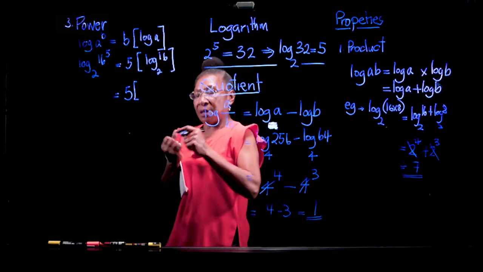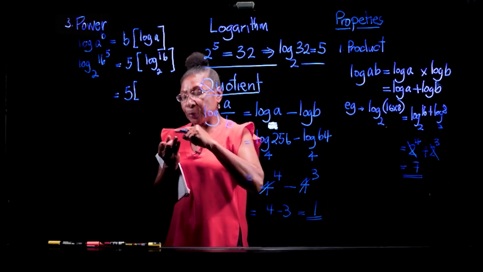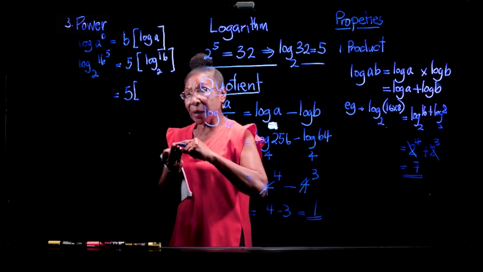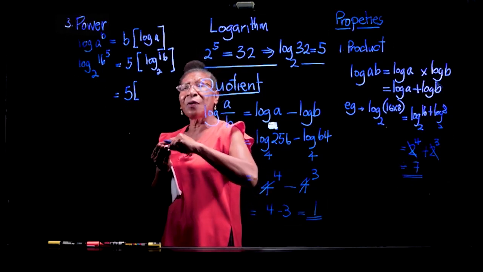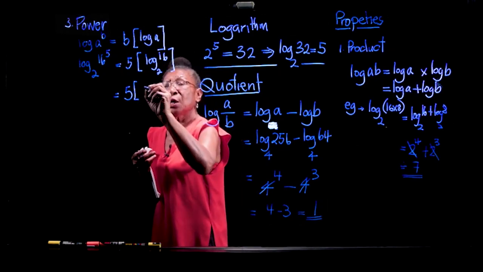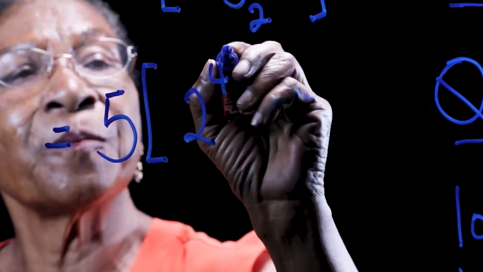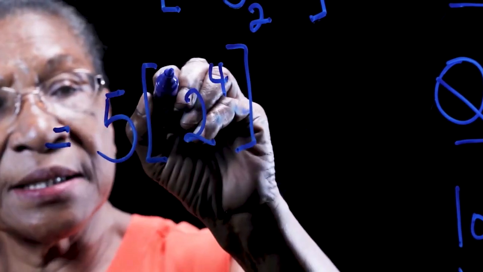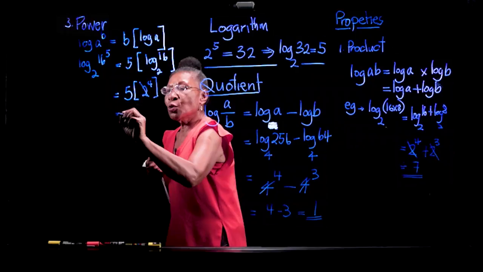How many times? 2 times 2 is 4, multiply 2 is 8, multiply 2 gives me a product of 16. So it's actually 2 to the power of 4. This simplifies and goes off.